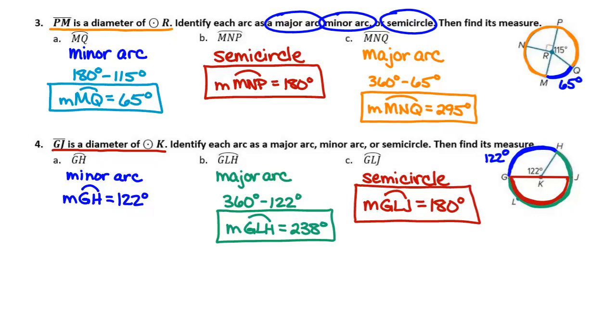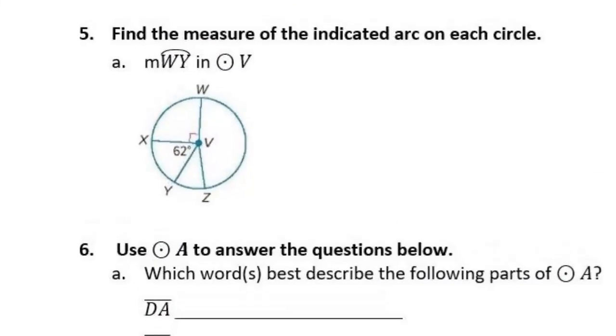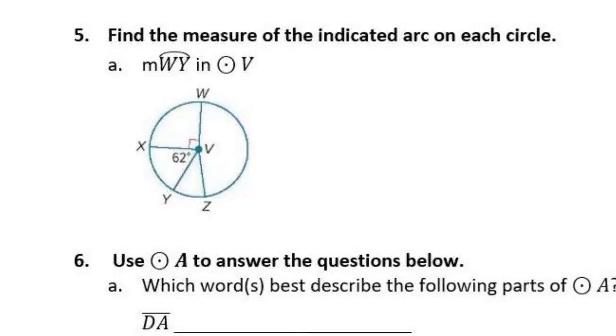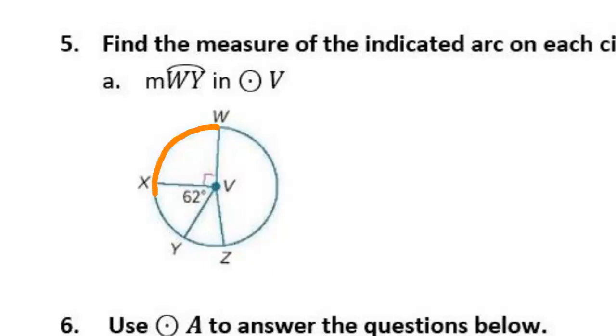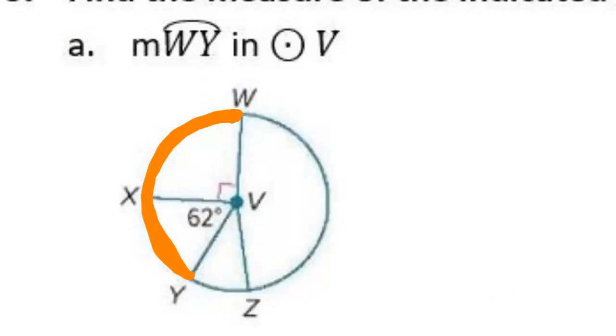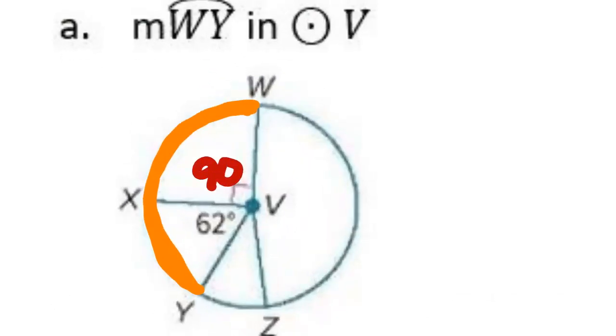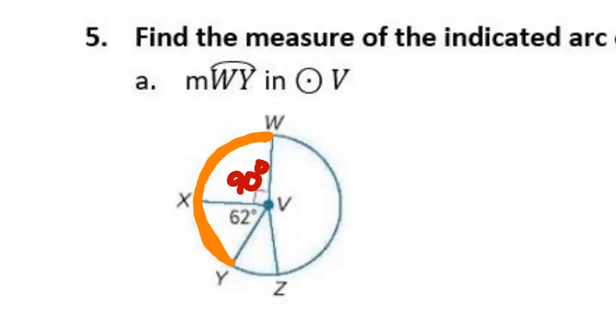Let's find a couple more arc measurements here. I want to know the measurement of arc WY right here. How could I find the measurement of arc WY? No, we can just add those two.